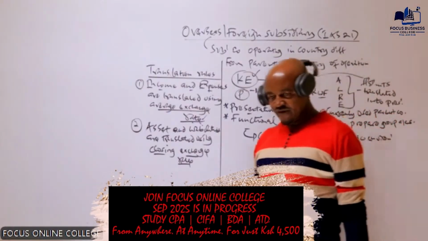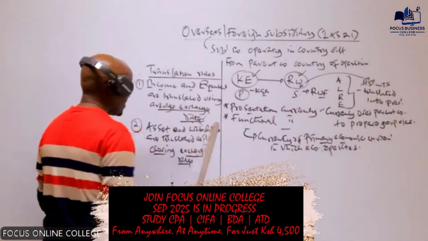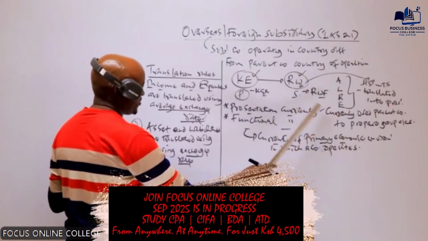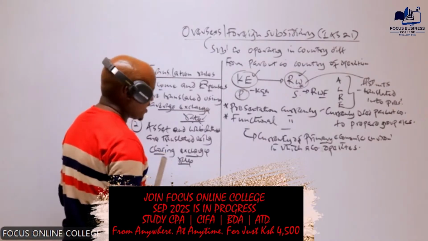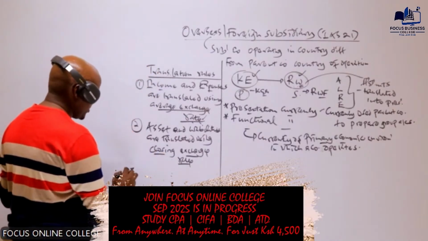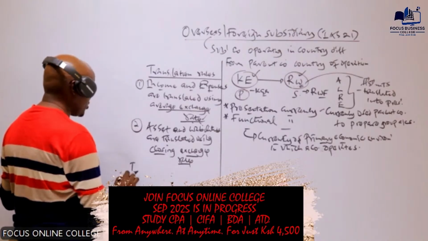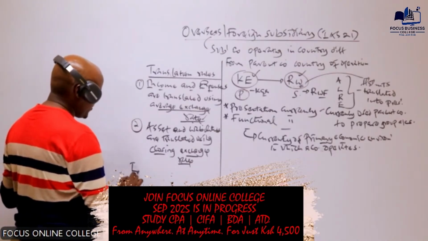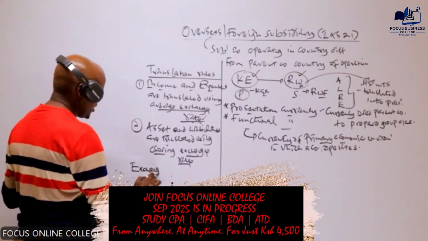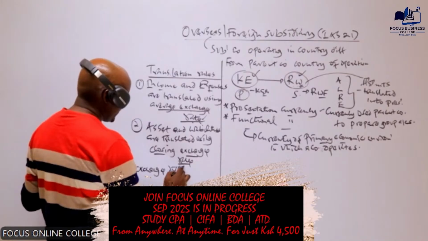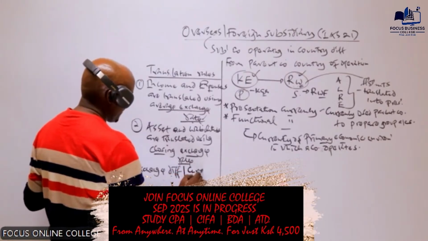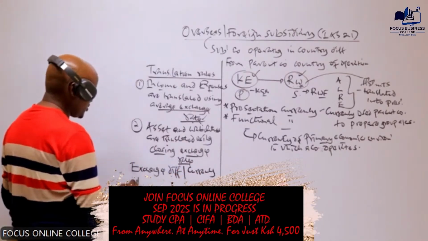But it is obvious that in the process of translating the assets, liabilities, revenue, and expenses of this foreign subsidiary into a presentation currency, there is something known as the translation currency difference, or can we just refer to it as the exchange difference? Exchange difference. In other terms, we refer to this as the currency translation difference.